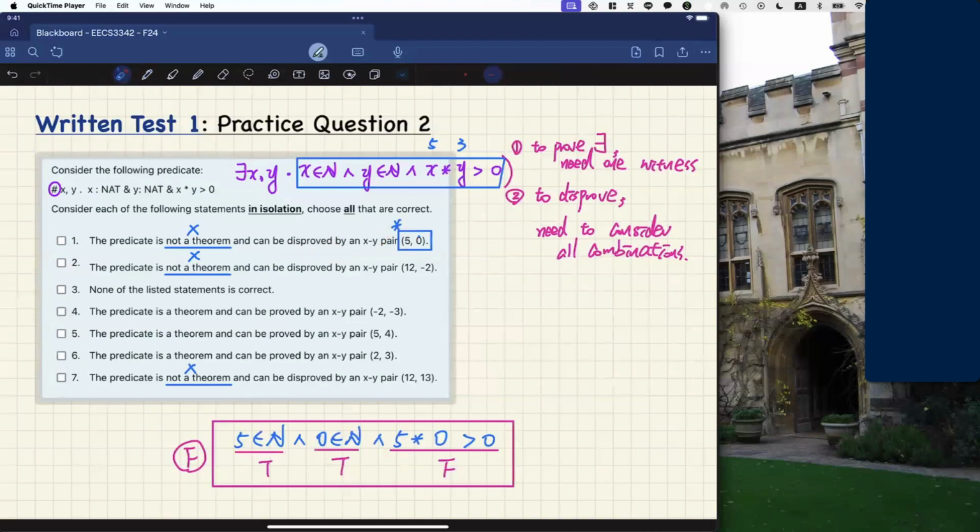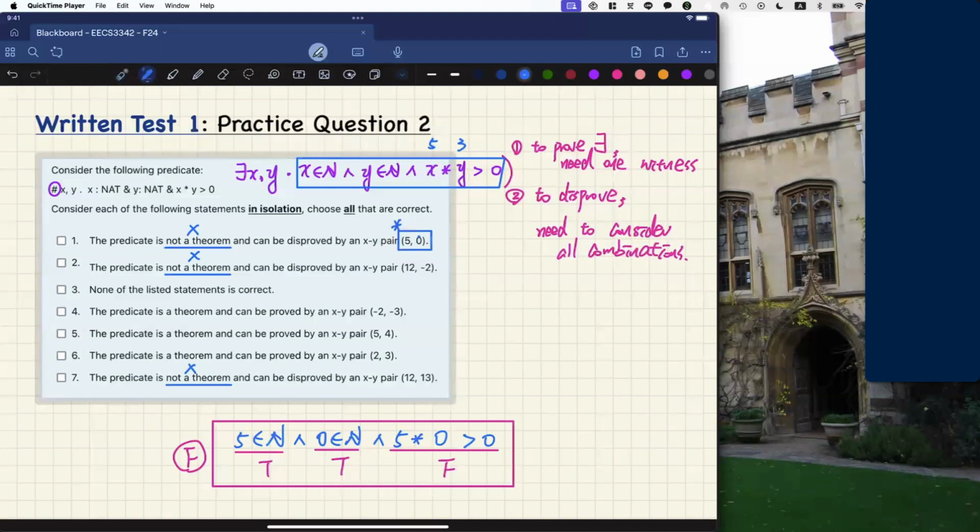Whenever you want to show that the existential quantification is actually not a theorem, you cannot just disprove it by a single witness. As we said over here, to disprove, you have to consider all the combinations. Just using a single witness is not the way to really disprove an existential quantification. You can only use a single witness to prove existential quantification, right? So that's important for you to realize.